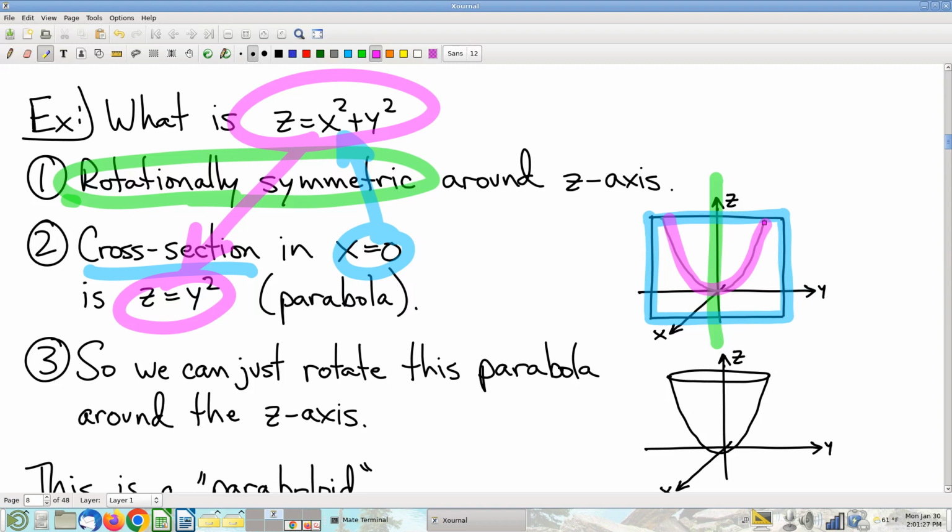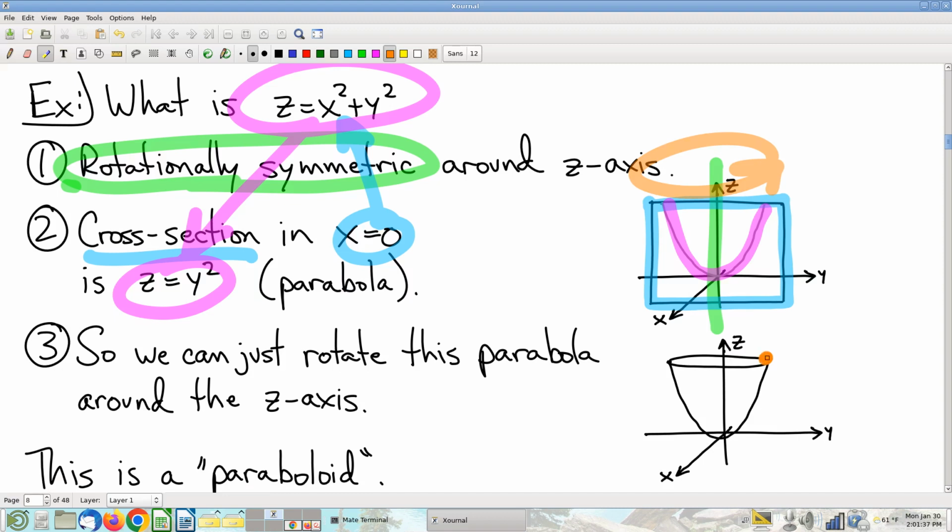We already know that our thing is rotationally symmetric, and so I can just rotate that cross-section, and when you rotate that cross-section, you get this shape that I had previously kind of hand-wavingly argued is what the graph should look like. What do you think? Everybody follow it? Nice little 3-step process there.